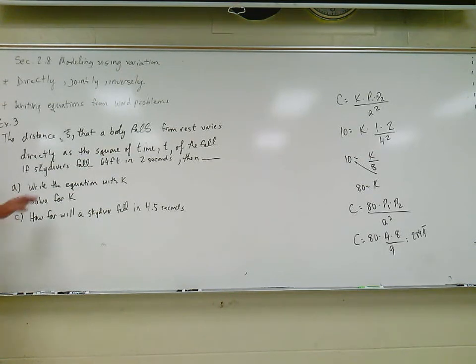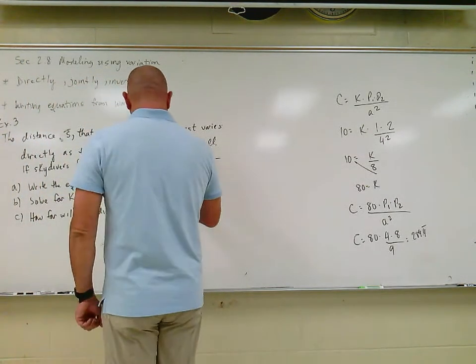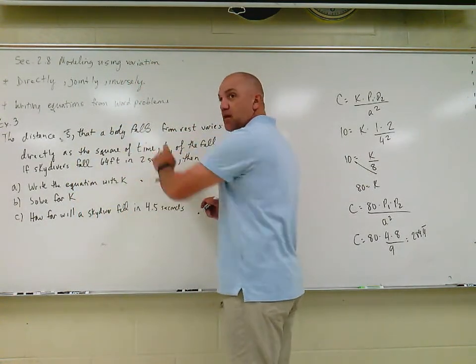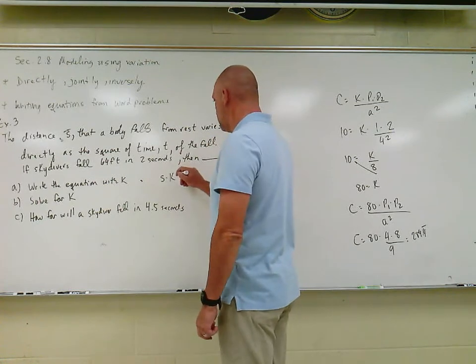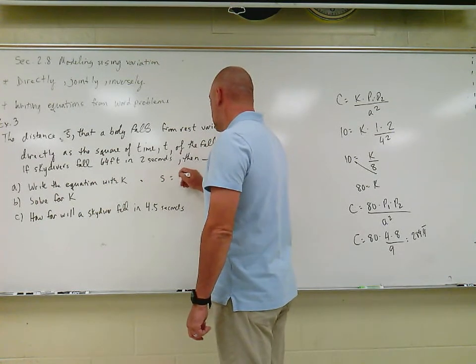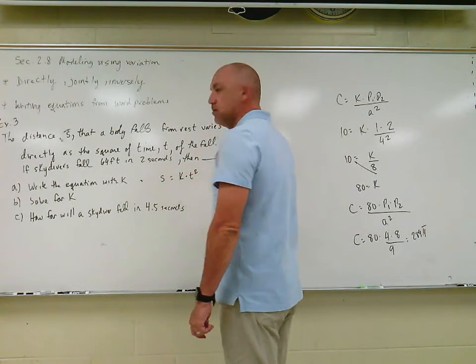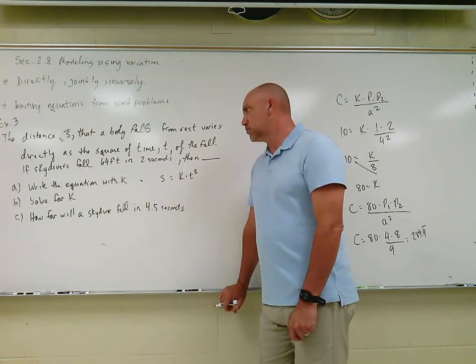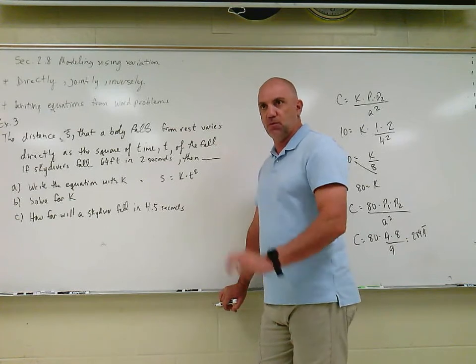So let's see, Zoe, what did you get for just the basic equation with the letters? What would that be? S equals K times the square of time, KT squared, right? You gotta do K times T squared. Everybody agree with that? Okay, so make sure that you look closely when you're writing those.